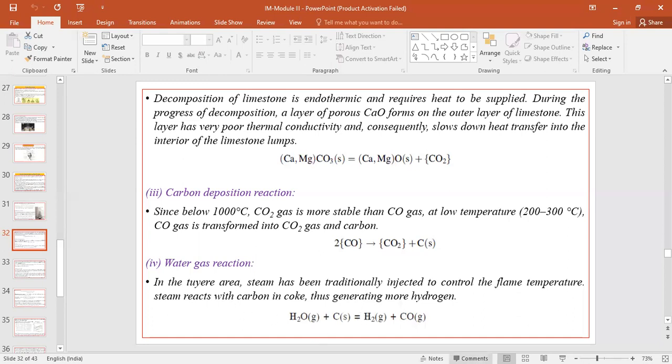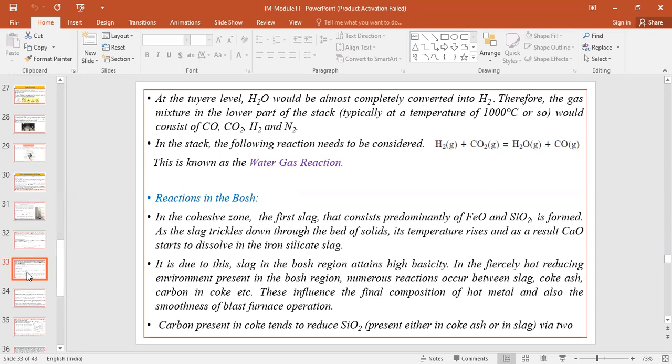One is H2, the other is CO. Both are good reducing agents. At the tuyere level, this H2O would be almost completely converted to H2. Therefore, the gas mixture in the lower part of the stack typically consists of CO, CO2, N2, and H2.